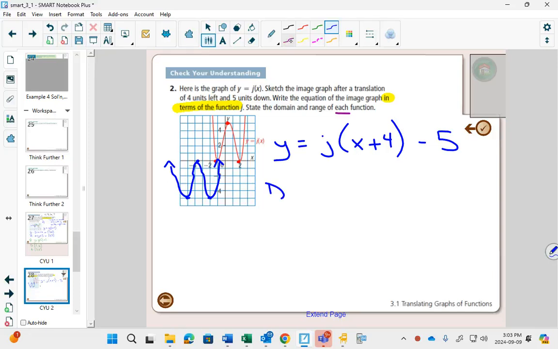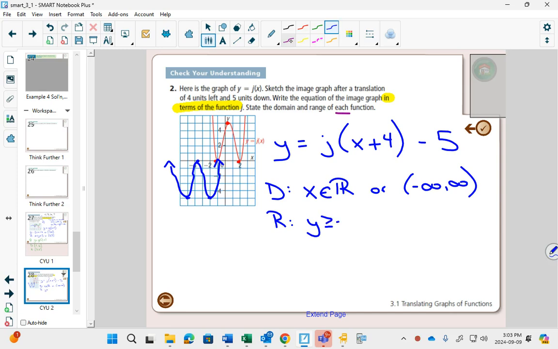So I'm going to do my domain. The x values are everything. Arrowheads, so you can either write it like this, or like that. That would be all x values. The range, the y values, we have a smallest value of -5.